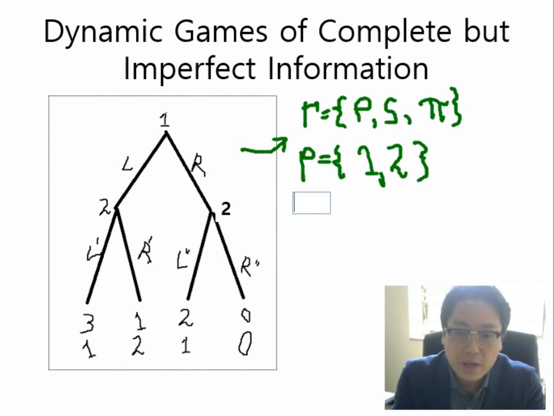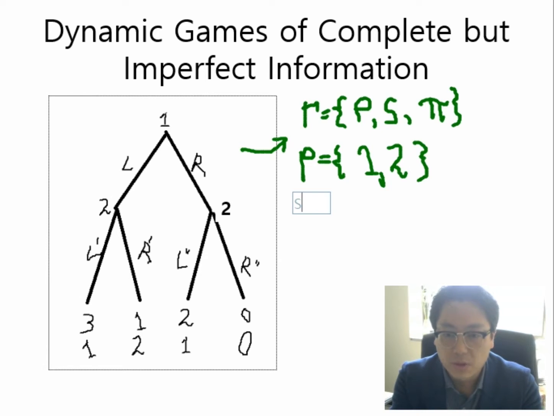Well, the first player's strategy is very simple because the first player faces just one kind of contingency. I mean, the situation that the first player will face happens just at the initial node. So the first player's strategy is L or R. This is the first player's strategy set.